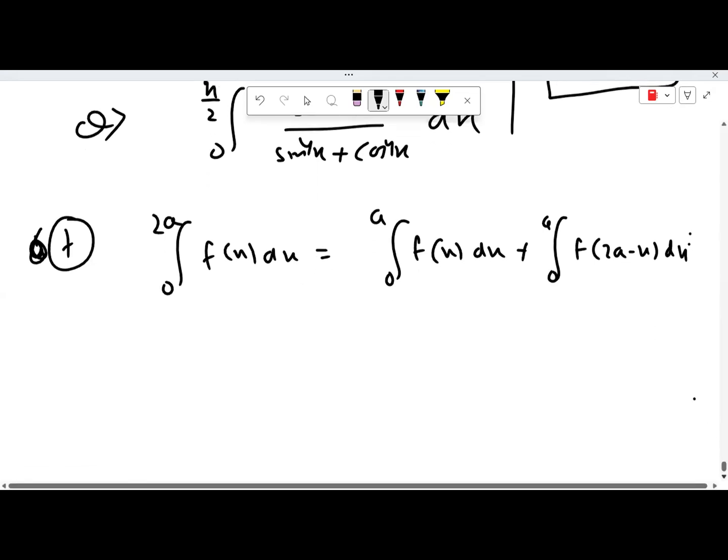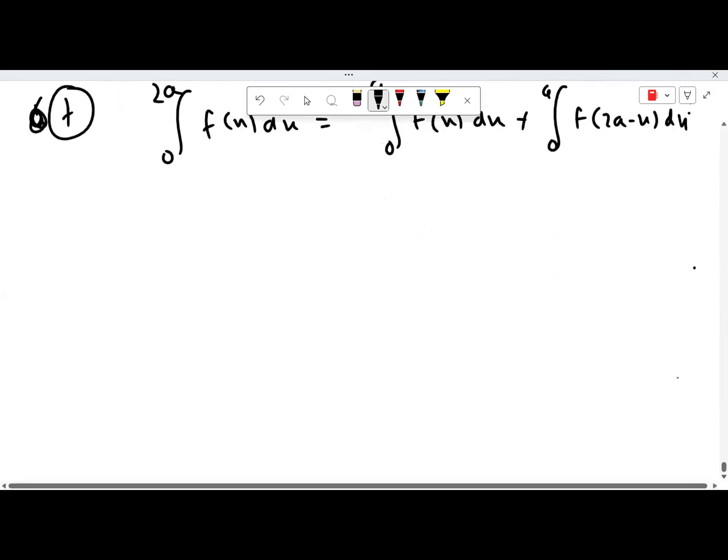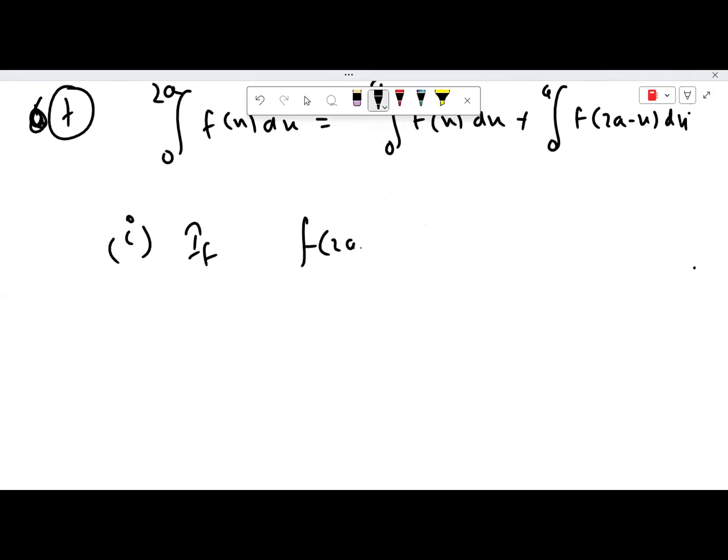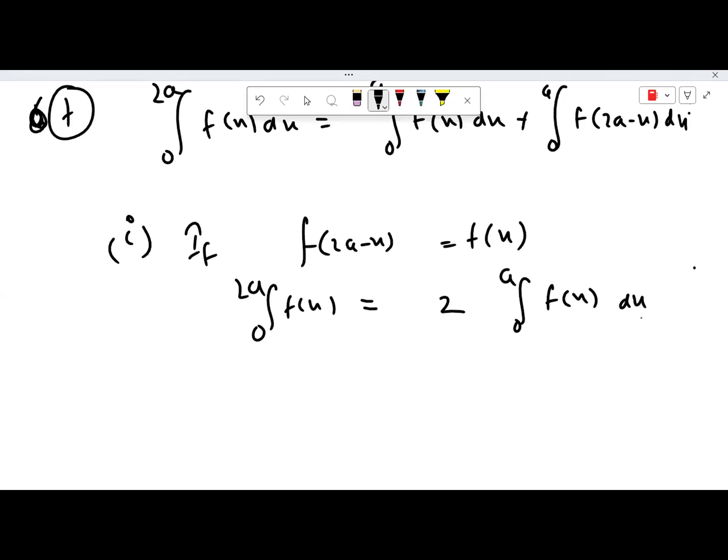Now what happens when we have the first case, if f of 2a minus x is f of x itself, right? The function repeats itself. Then the integral from 0 to 2a of f of x will be equal to 2 times the integral from 0 to a of f of x dx.